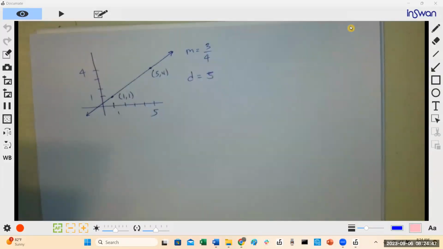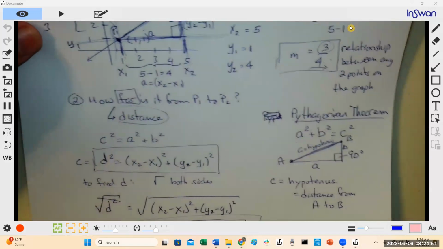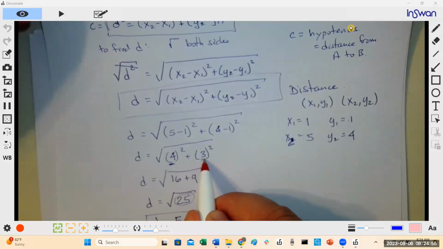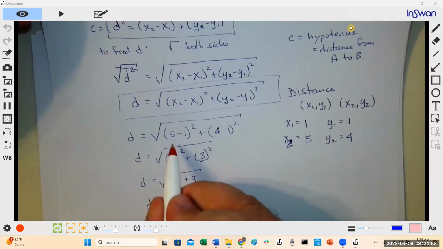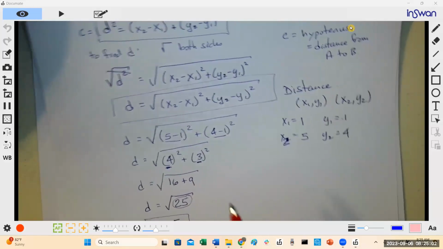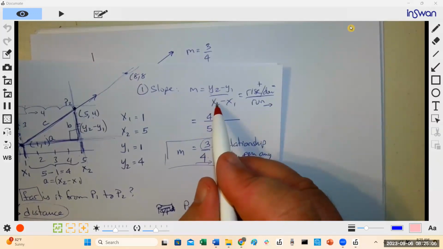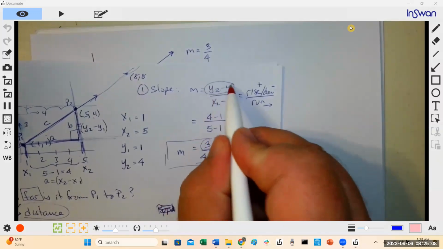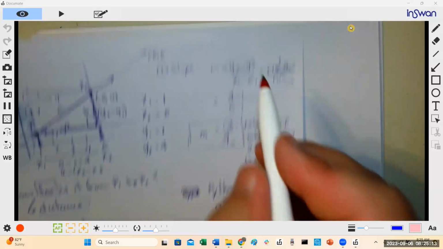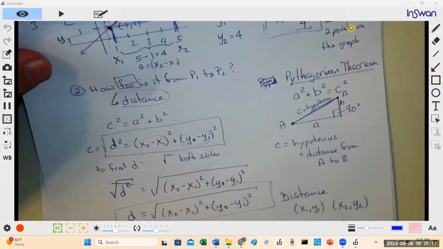Actually, I was going to show you also. Notice this value and that value. This equation and this equation is exactly the same as what's in the slope: y2 minus y1, x2 minus x1.